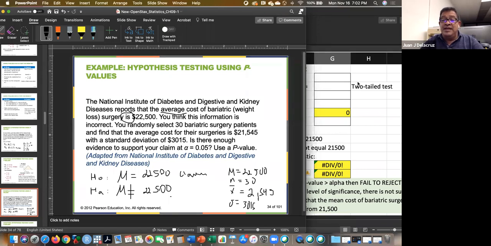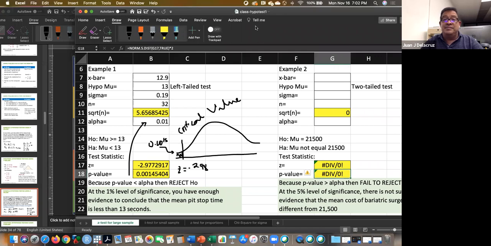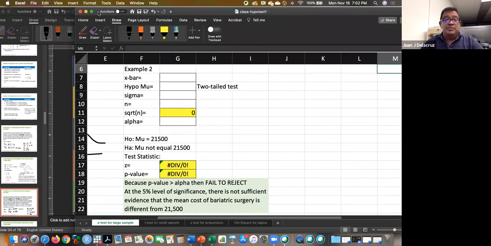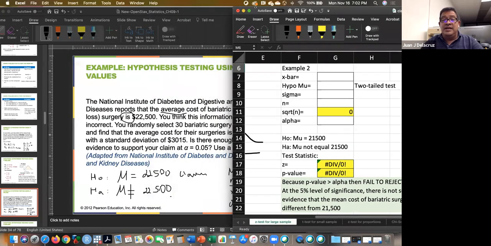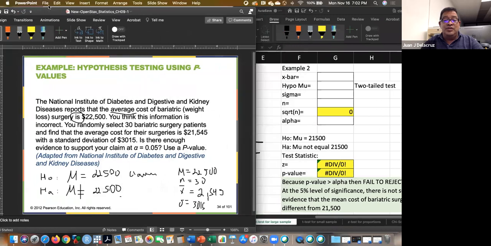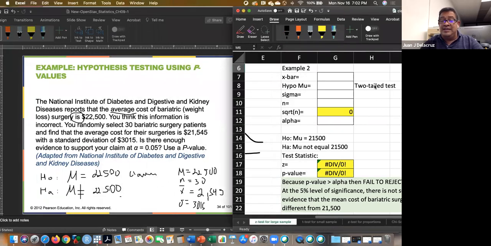So I'm gonna do this computation here. Let me pull this a little bit to the left, okay? This is gonna be a two-tailed test, right? So what does it tell me? Well, the X bar is gonna be 21,545. The hypothesized mu is gonna be 22,500, according to this, right?